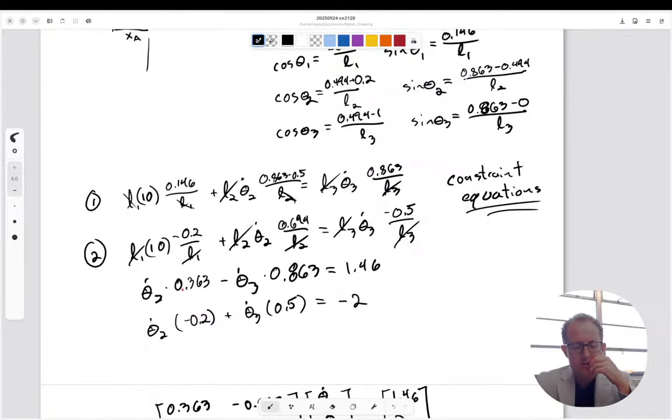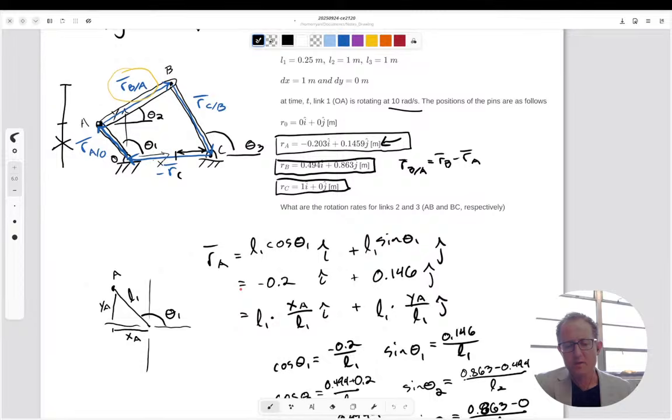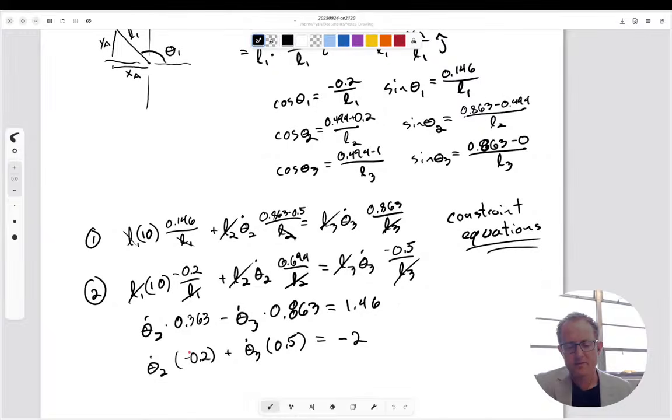So when I go here, that should be a negative. And then the sine components, oh wait, that one's our sine components. This is our cosine components. A negative and a positive, but our sine components should all be positive, so it should be positive, positive.